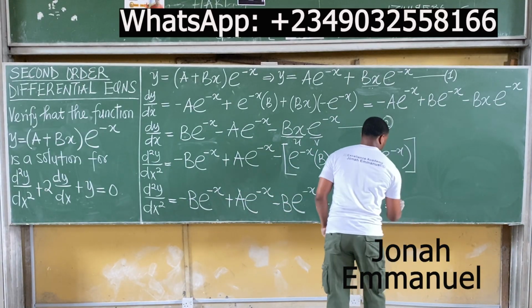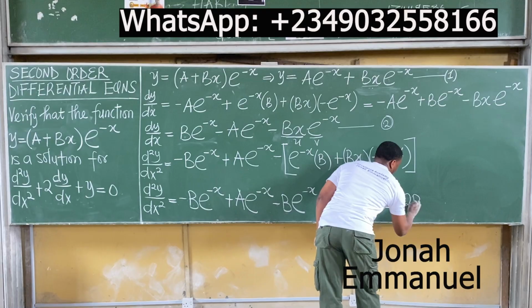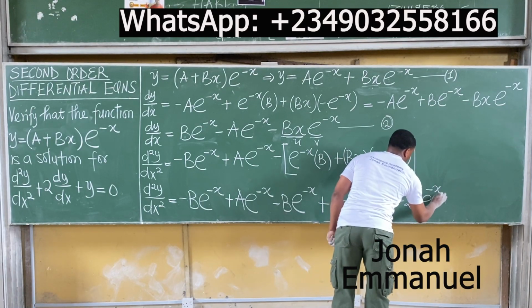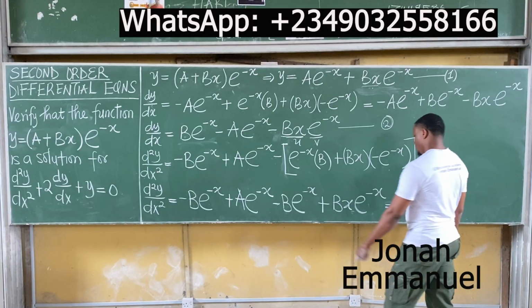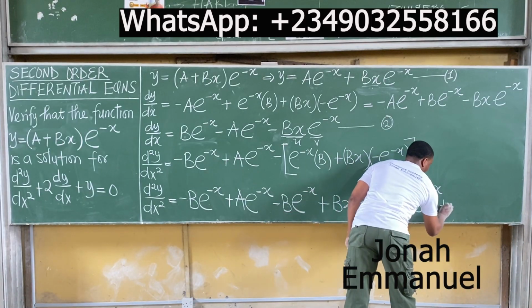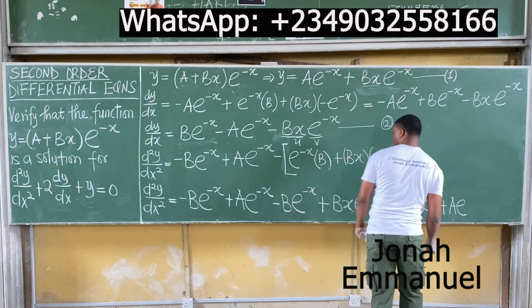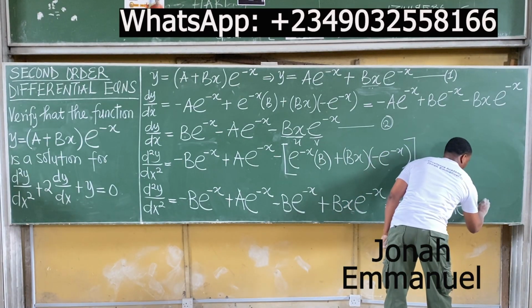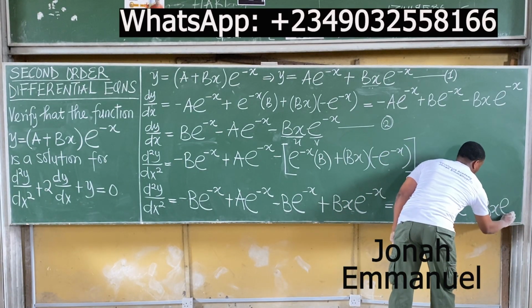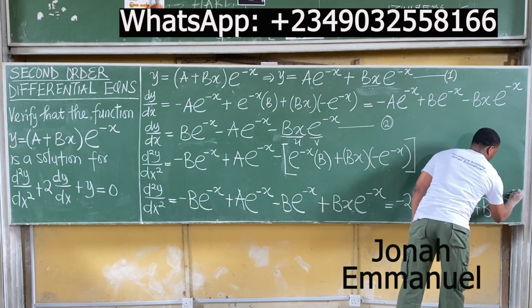Minus 2 of it. So minus 2b exponential minus x. Any other like terms? Nope. This one here, plus a exponential minus x. Then this one here, plus bx exponential minus x.